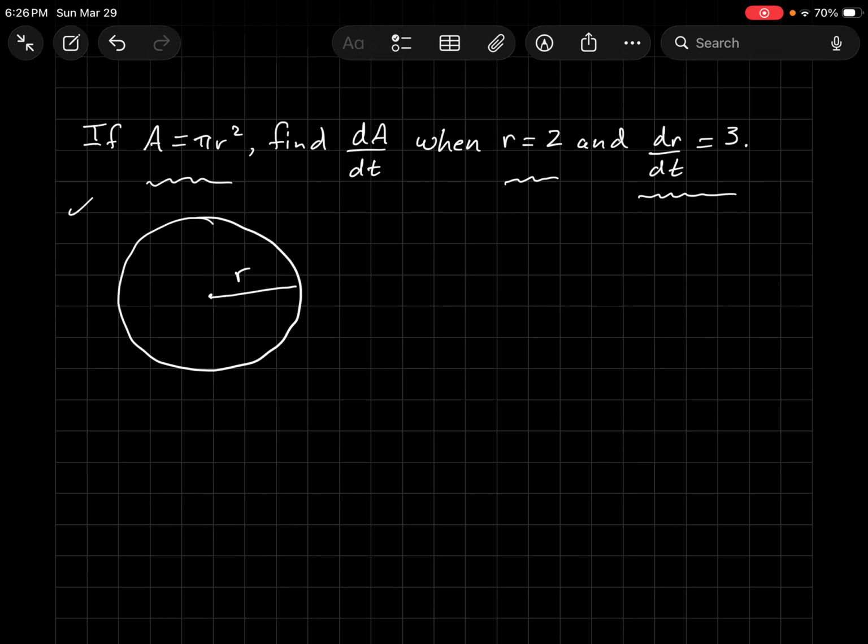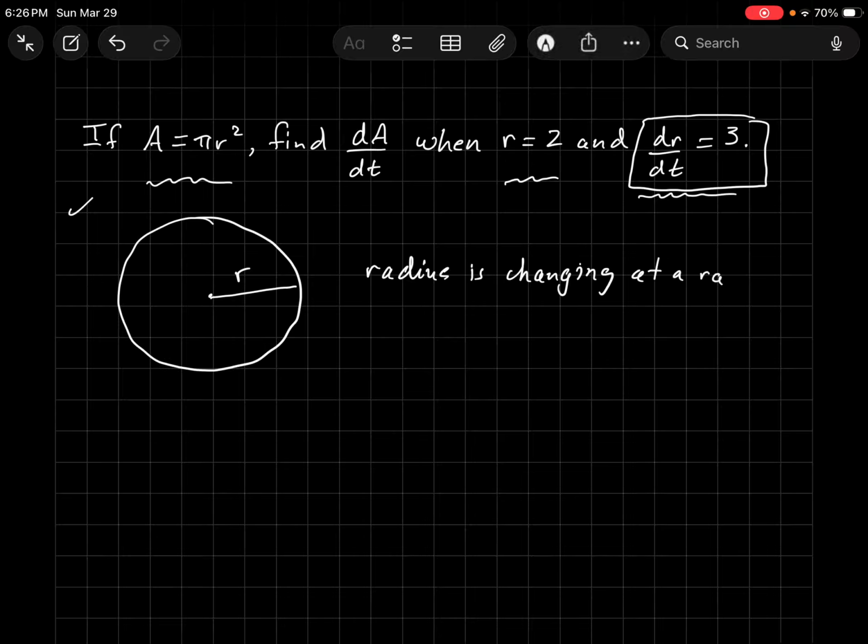Now, what do you think the words might say if it was a word problem and it gave me this, instead of saying dr/dt equals 3? Well, it's very common to say something like, the radius is changing at a rate of 3.